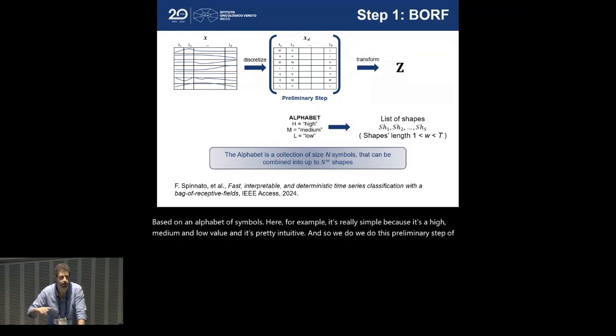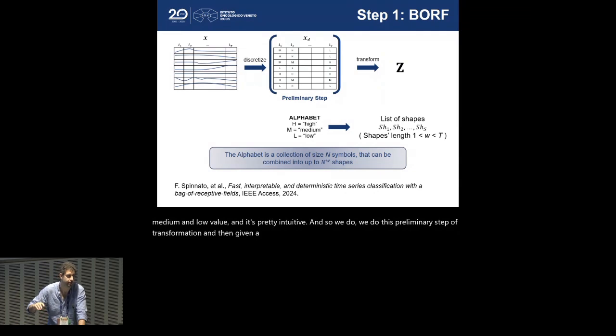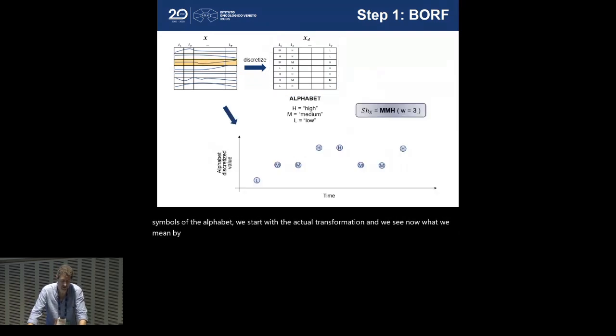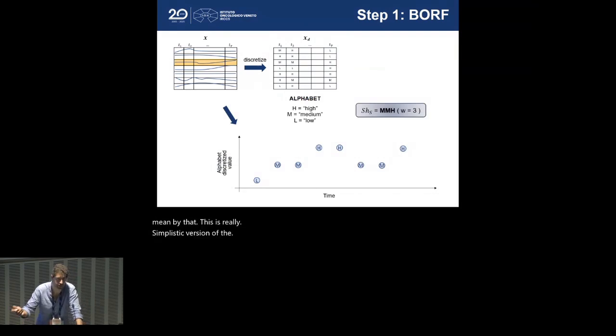And then given a set of shapes that is essentially combinations of these symbols of the alphabet, we start with the actual transformation. And we see now what we mean by that. This is a really simplistic version of the algorithm, but it's pretty explanatory.